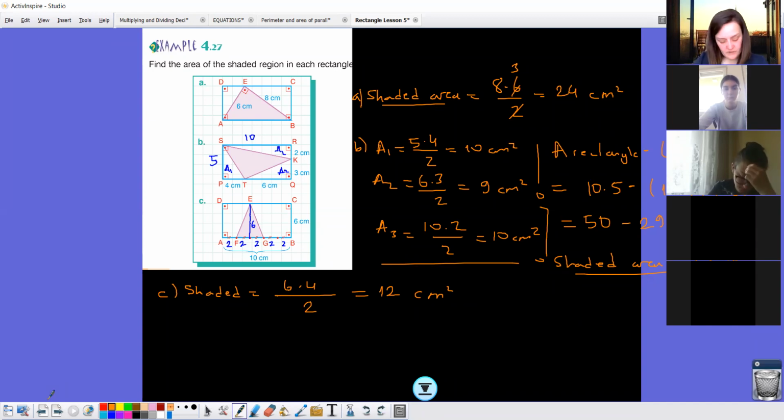You can continue. We have the square, rhombus, kite, trapezoid, and we are finishing with that, and then we are starting circles.